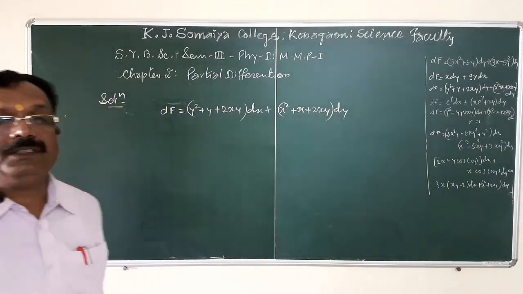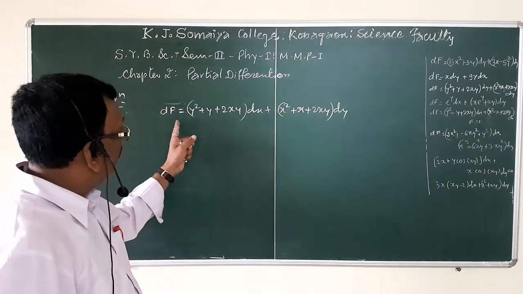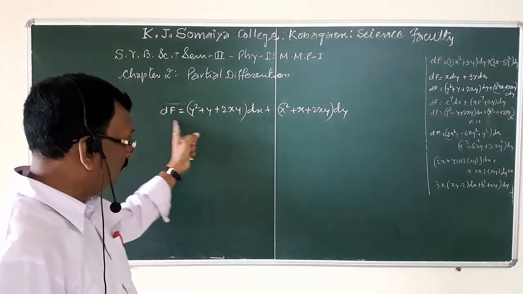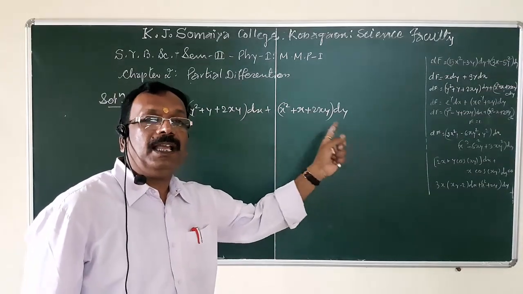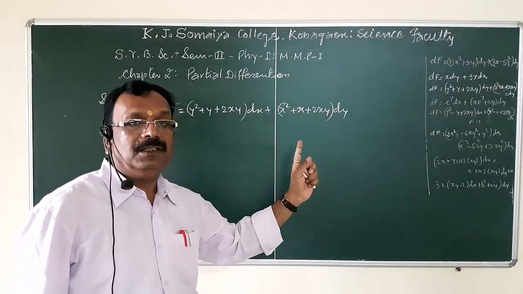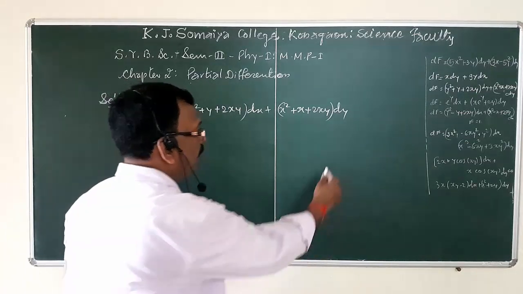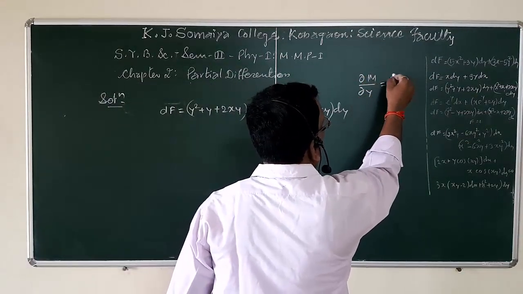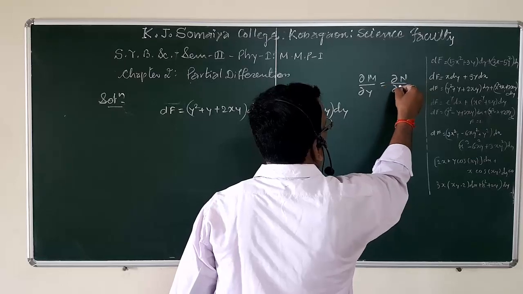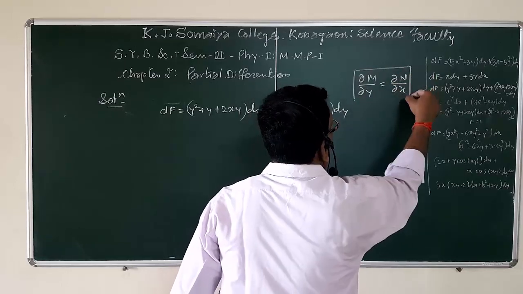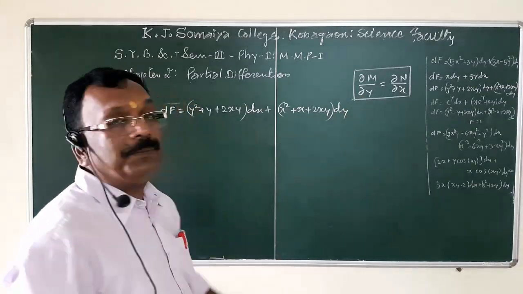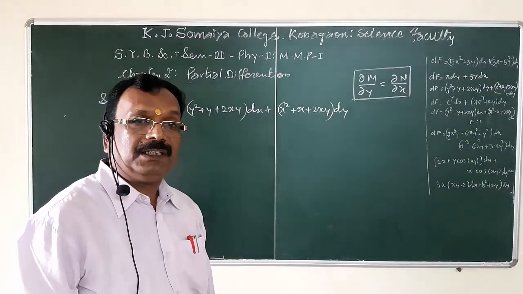This is the given differential equation, and the question is, show that this differential equation is an exact differential equation. That means we have to show that ∂m/∂y is equal to ∂n/∂x. When this condition is satisfied, then the given differential equation is an exact differential equation.